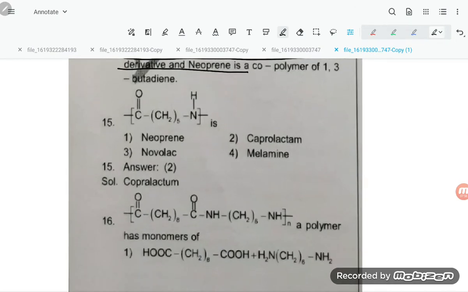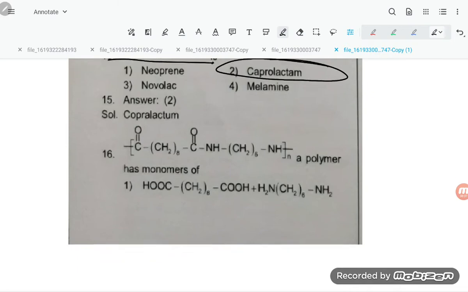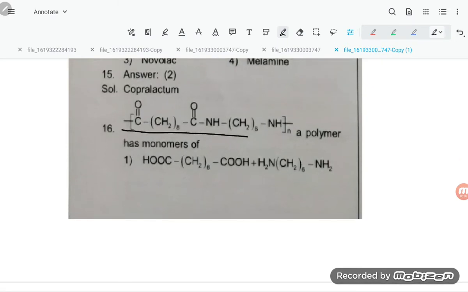So here is this one, C double bond CH2 and NH is there. It is caprolactam, okay, caprolactam. Now students, this one is the group, and they are asking for the monomer units.